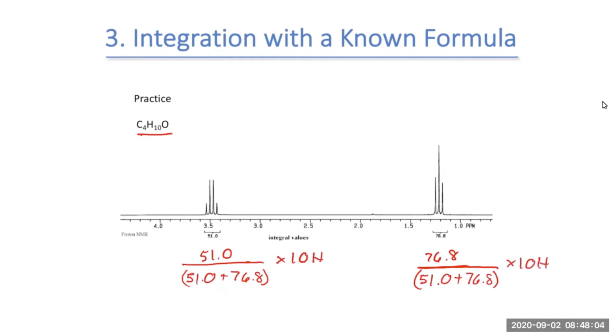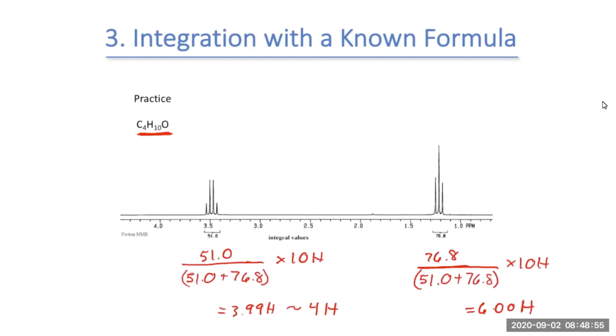Both get multiplied by 10 hydrogens because we have 10 hydrogens in our formula. If your formula had 6 hydrogens, you would multiply it by 6. Once we complete the math operation, we get 3.99 hydrogens for our first peak, which gives us approximately 4 hydrogens. And we get 6.00 hydrogens for our second peak.